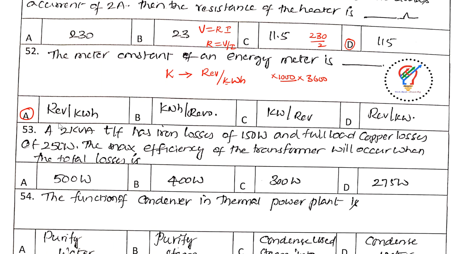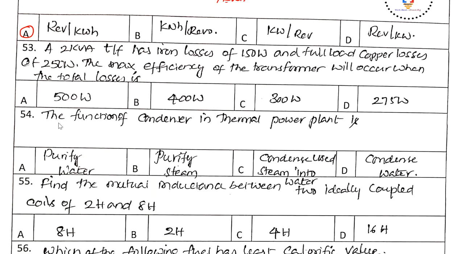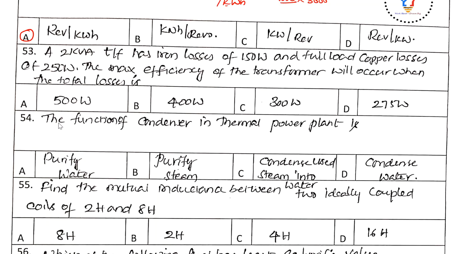And the next one, see here, an interesting and important question for AE examinations. A 2 kVA transformer has iron losses of 150 watts and full load copper losses of 250 watts.